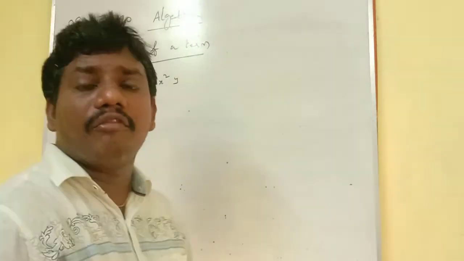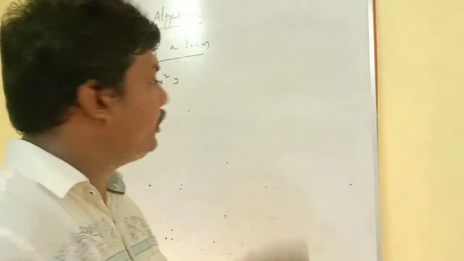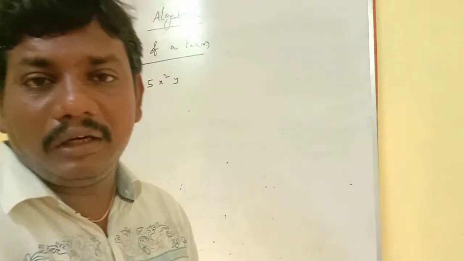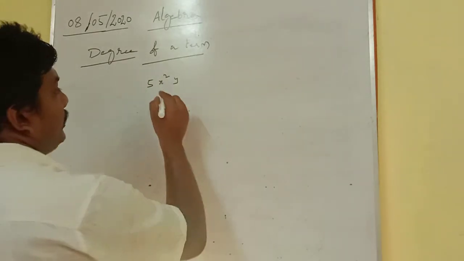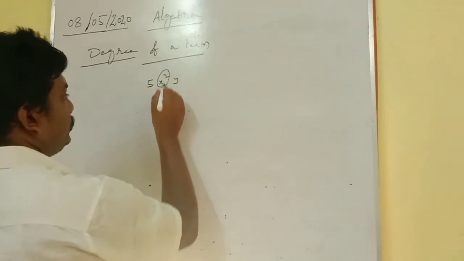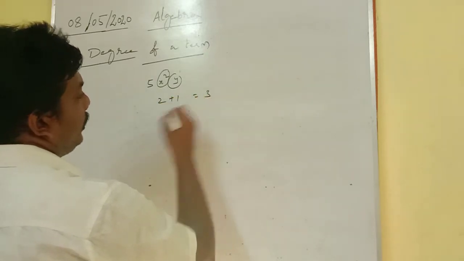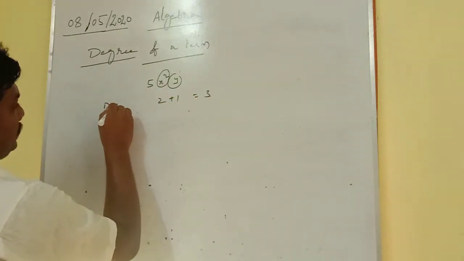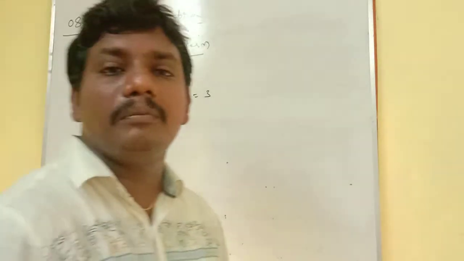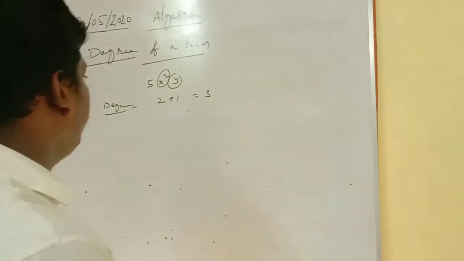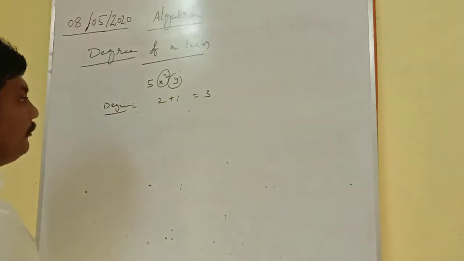The sum of variable powers of a given term is the degree of that particular term. Here the power is 2, here the power is 1. The degree is the sum of variable powers.